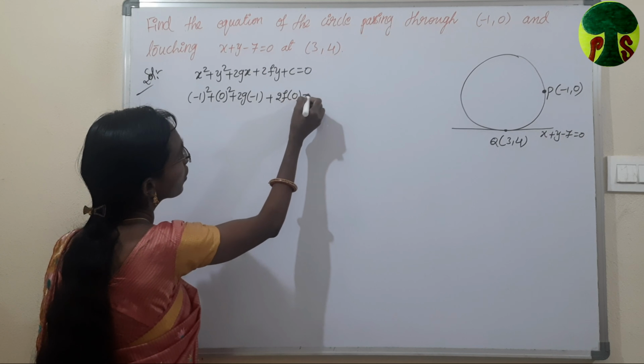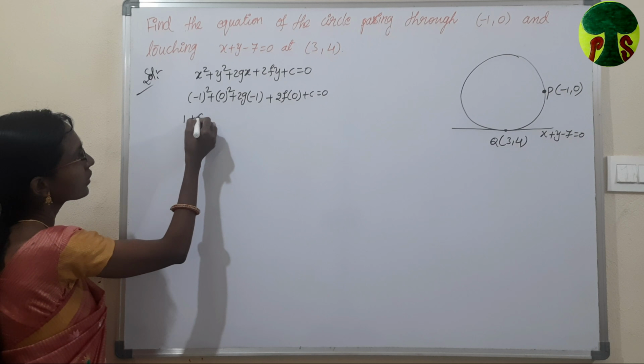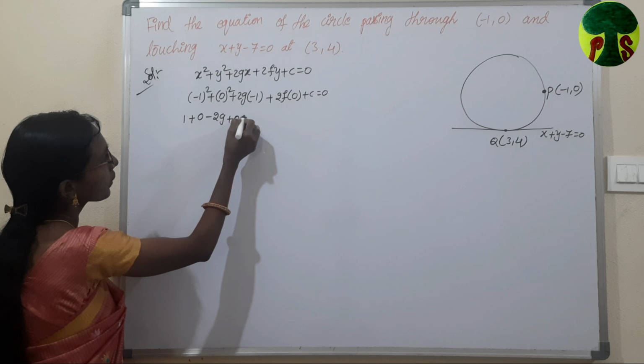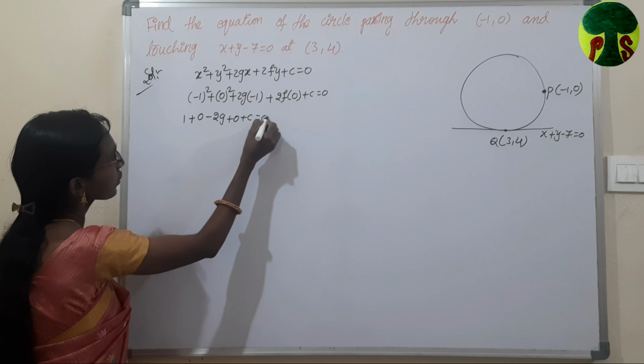Minus 1 square is plus 1, plus 0, plus minus 2g, plus 0, plus c equals 0. So 1 minus 2g plus c equals 0. Finally, minus 2g plus c equals minus 1. Let it be equation 1.